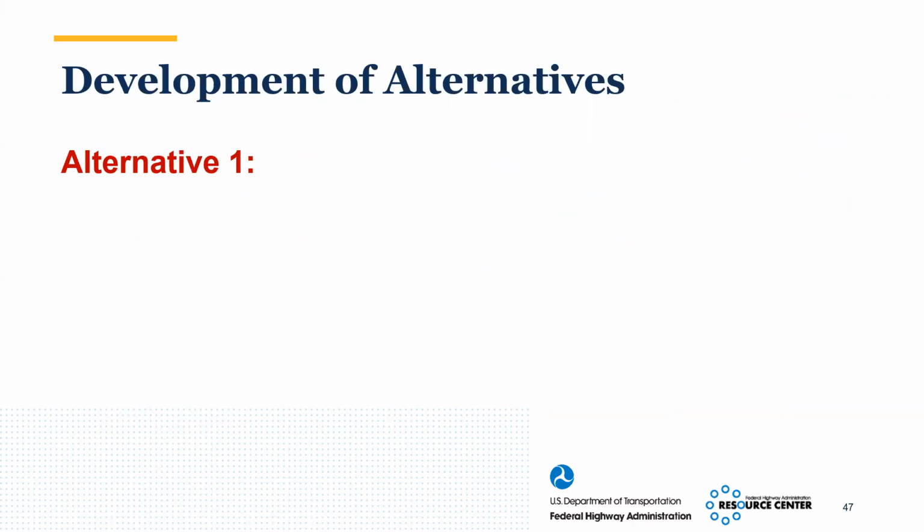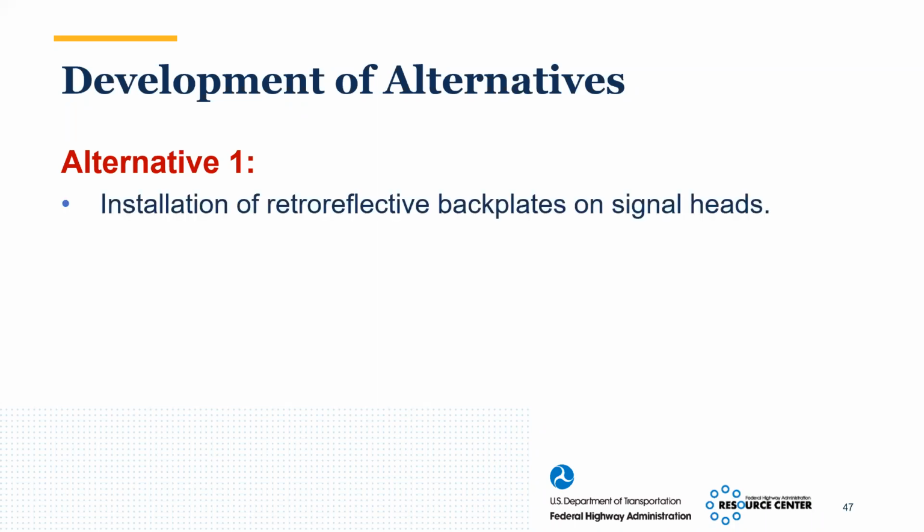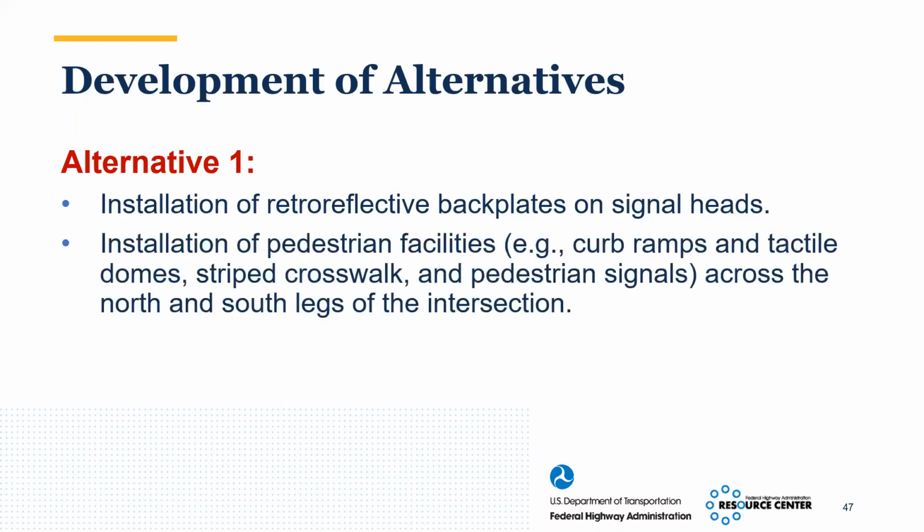Considering this development is going to be constructed to address the safety issues, alternative 1 was installation of backplates on signal heads and also some pedestrian facilities like curb ramps and pedestrian signals across the north and south legs of the intersection. Another treatment was optimizing the signal timing.